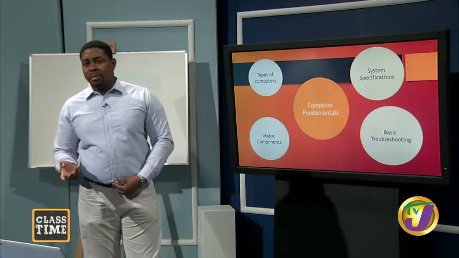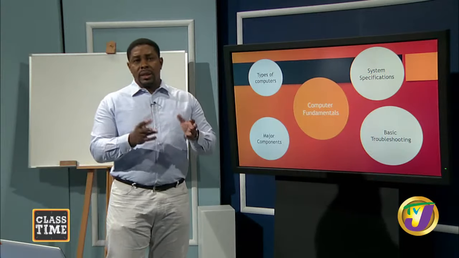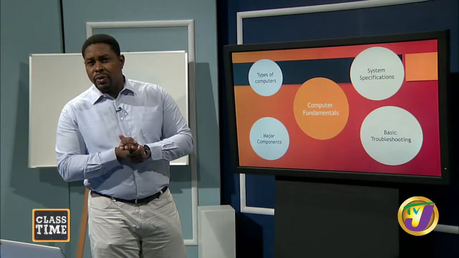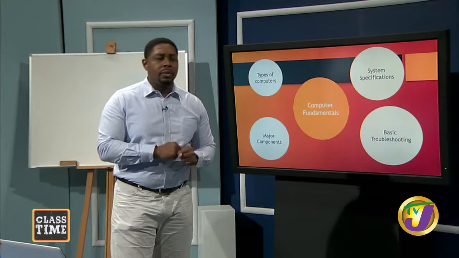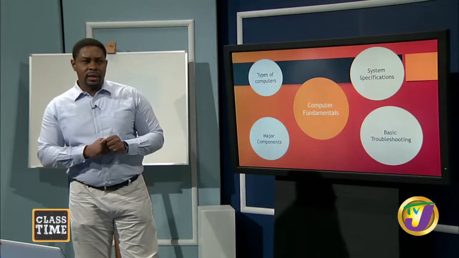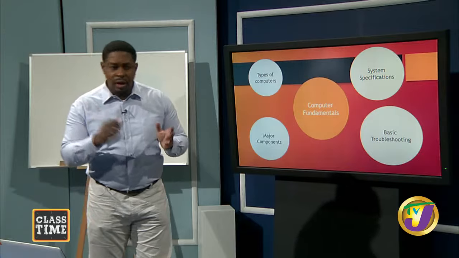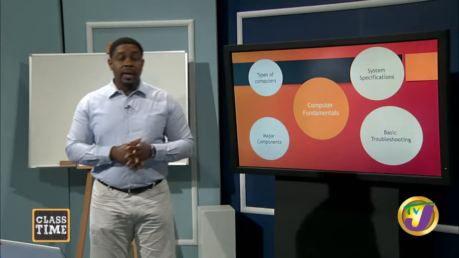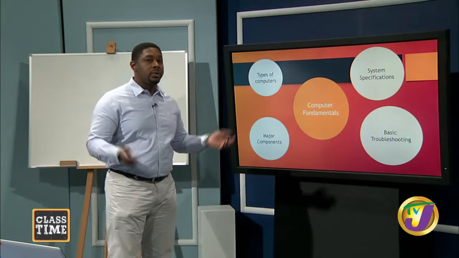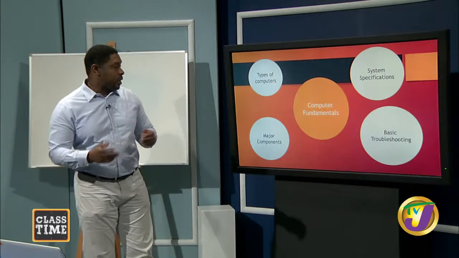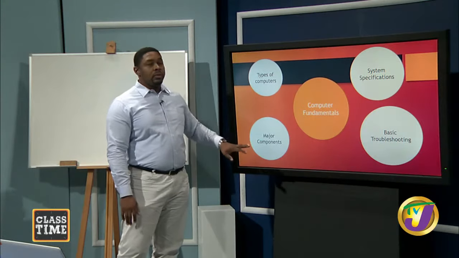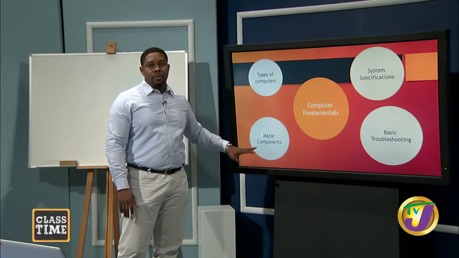You might not see mid-range, but it's like a go-between for mini and mainframe computers. You might see it on an IBM website or somewhere of that sort. And then you have personal computers, which you are acquainted with, your tablets, your laptops, your desktops. And then we talk about the major components of your computers.